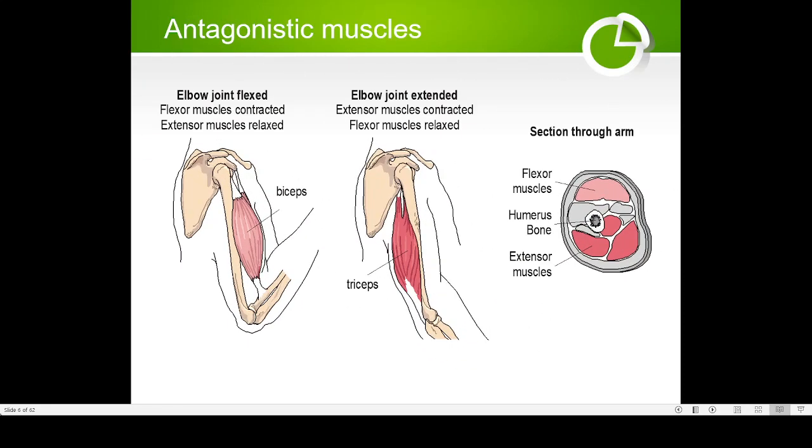Then see, this is an antagonistic muscle. Here you can see that this is a flexor muscle. The bicep muscle is causing the flexing of the arm.